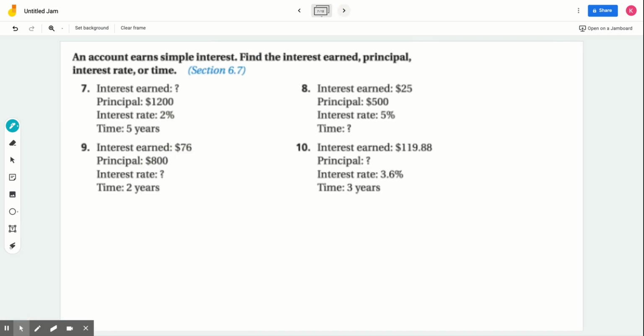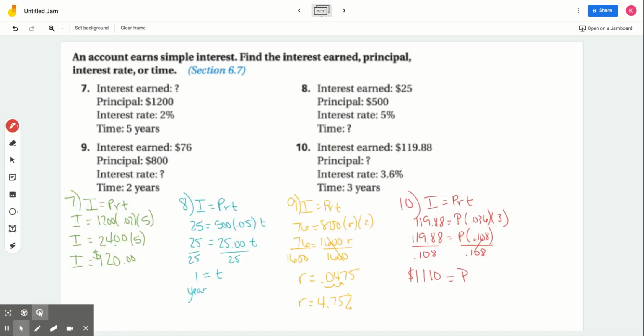Now, 7 through 10 are basic interest problems. You're either going to find the interest, the principal, the rate, or the time. There's one of each. I want you to take a few minutes to truly try these on your own. Okay, use that I equals PRT formula and come back when you're ready to check your answers.